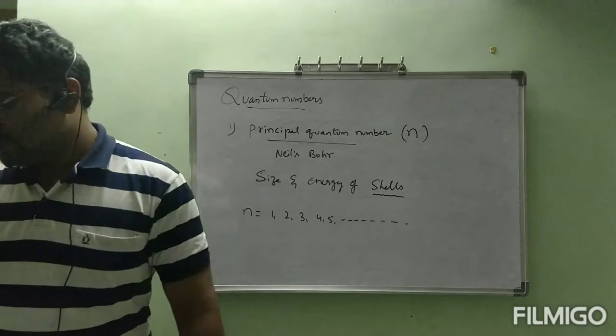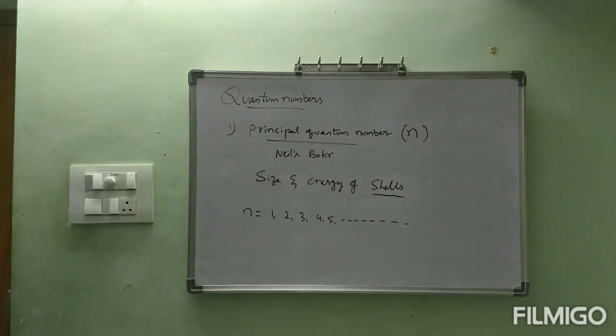Once again, the principal quantum number is represented by n. It was proposed by Niels Bohr. It mainly discusses the size and energy of shells. The values of n: n equal to 1 means first shell, 2 second shell, 3 third shell, 4 fourth shell, 5 fifth shell.